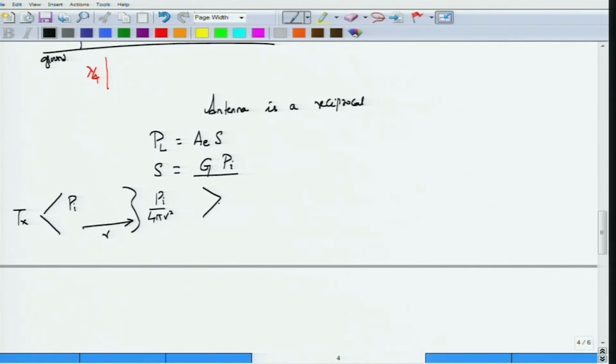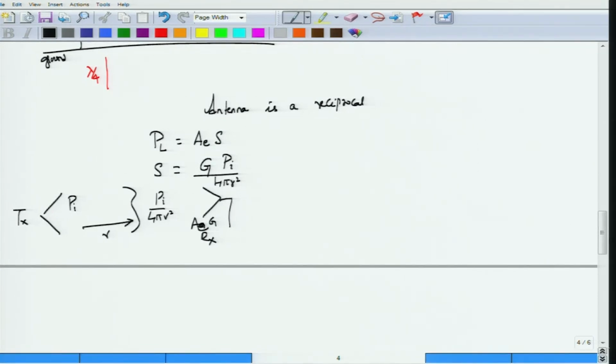Now, have a receiving antenna with an effective aperture Ae and having a gain G. We will assume that the antennas are placed in such a way that the gain G is maximized, otherwise you need to consider some angles theta also. So, with that, the power density that is hitting the receiving antenna is given by G Pt divided by 4 pi r square.